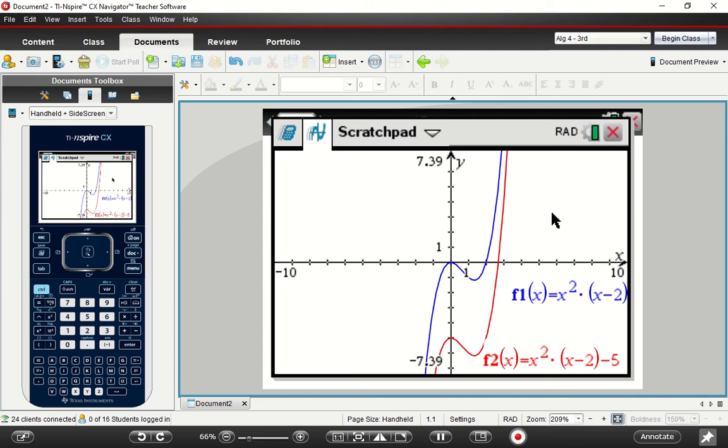Now, you guys should see this on your calculator. At this point right here, you should see it on your calculator.